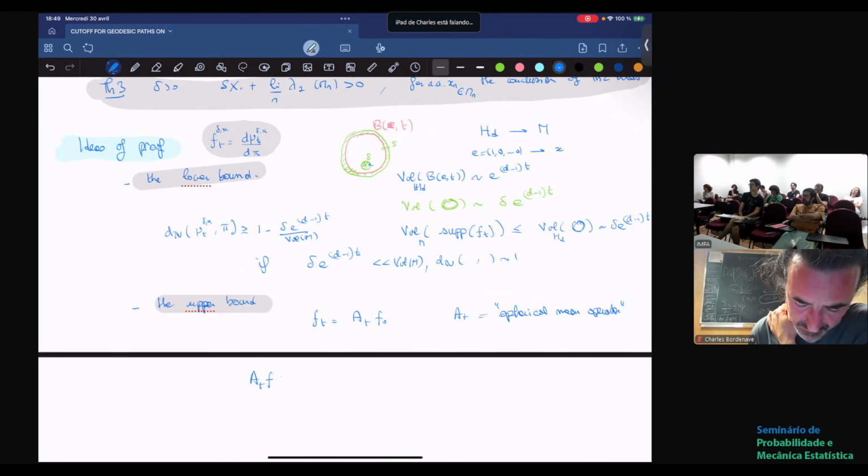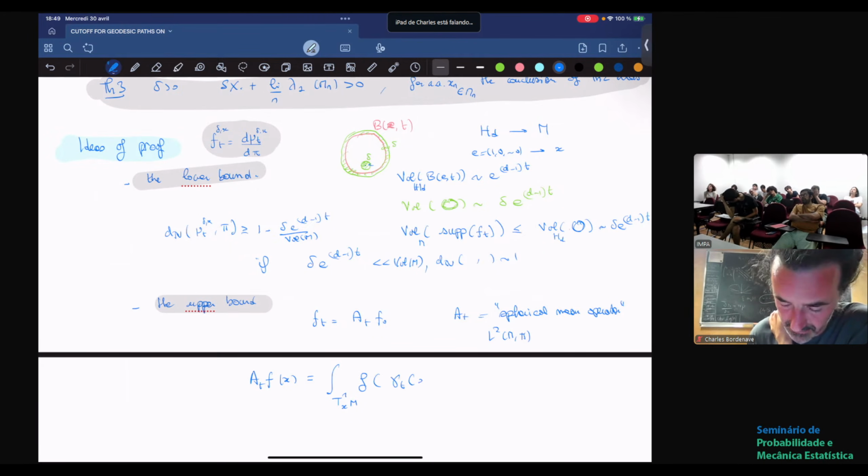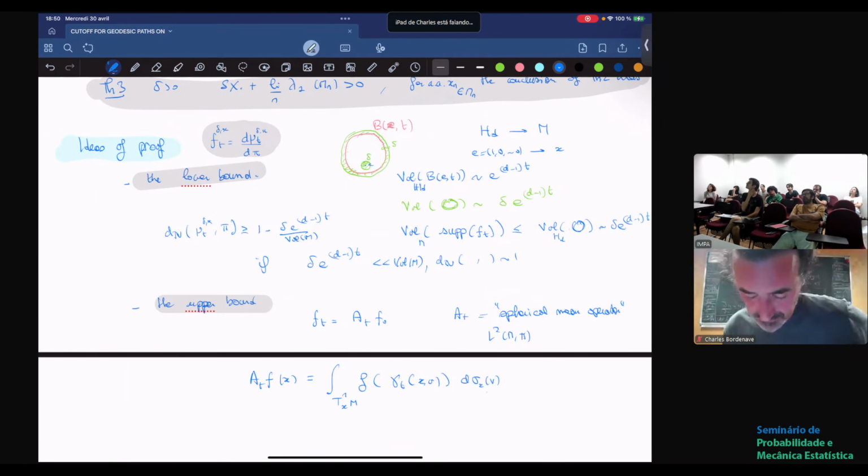It acts like that. A_t of f lives in L2(M, pi), and A_t f(x) is the integral over T^1_x M of f(gamma_t(x,v)) d sigma_x(v), where d sigma_x is the uniform measure on the unit tangent space at x.